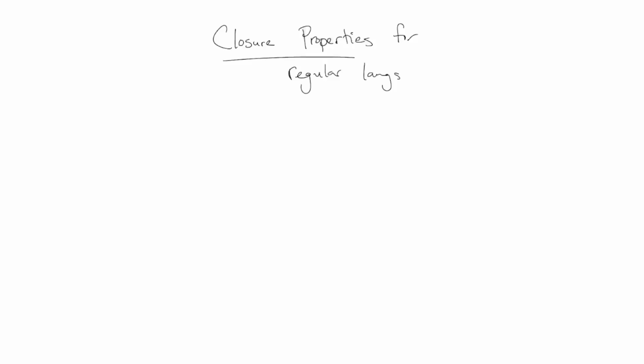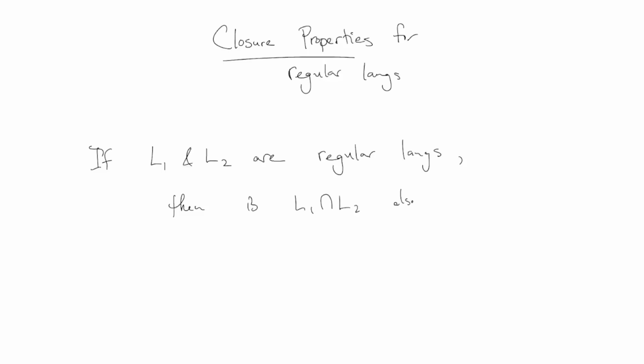And the question concerning this topic of closure properties is something like this. If, let's say, L1 and L2 are regular languages, so you can imagine these as just the two languages associated to two different DFAs, then you can ask something like, is L1 intersect L2 also regular?